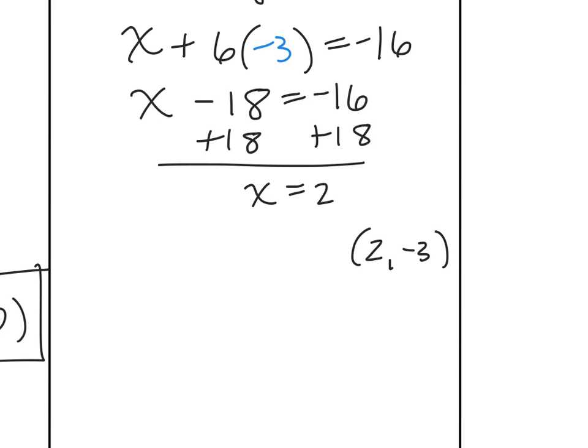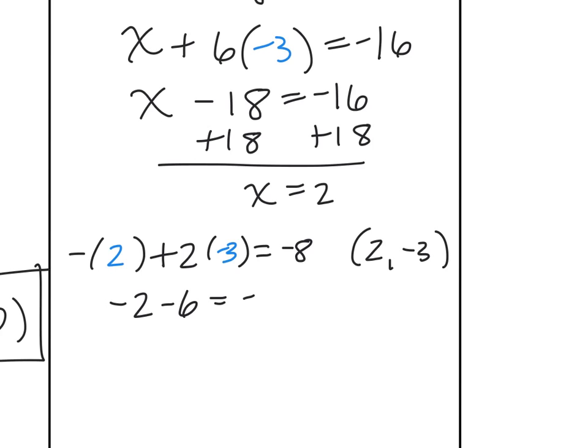I'm going to check my answers by plugging this into both equations. So the first one is negative x, and our x is 2, plus 2 times y, which is negative 3, equals negative 8. So negative 2 minus 6 equals negative 8.